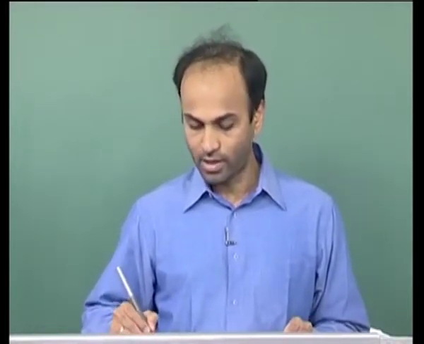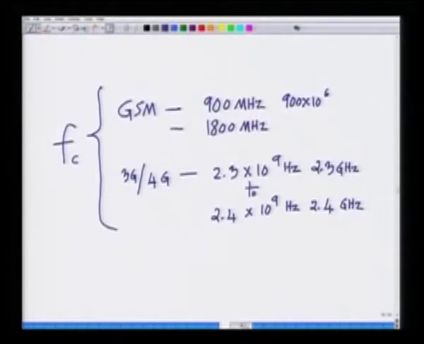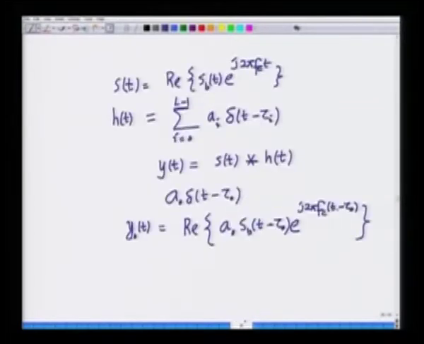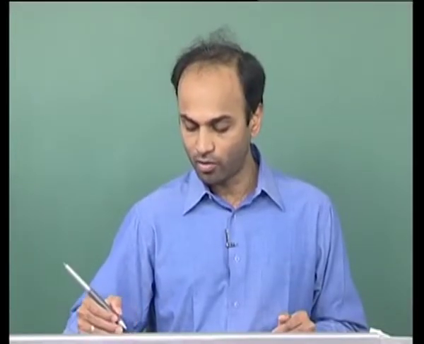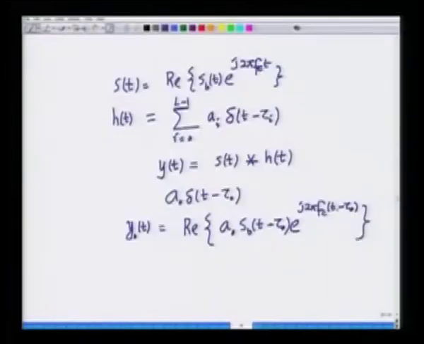And we saw several examples of possible carrier frequencies, and we started to derive the received signal at the mobile station after it passes through the channel. The received signal corresponding to the first path is essentially the transmitted signal s_b(t) attenuated by A_0 and delayed by tau_0.